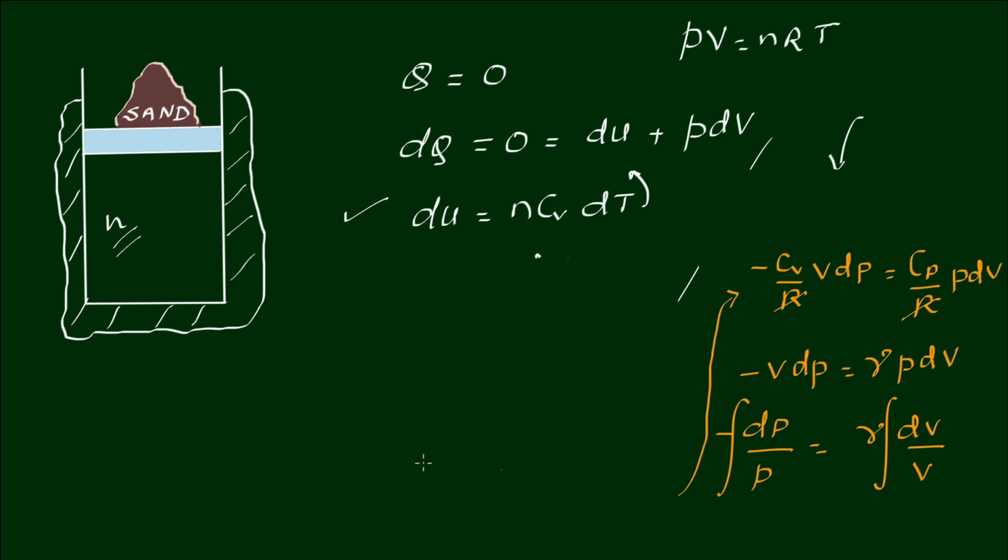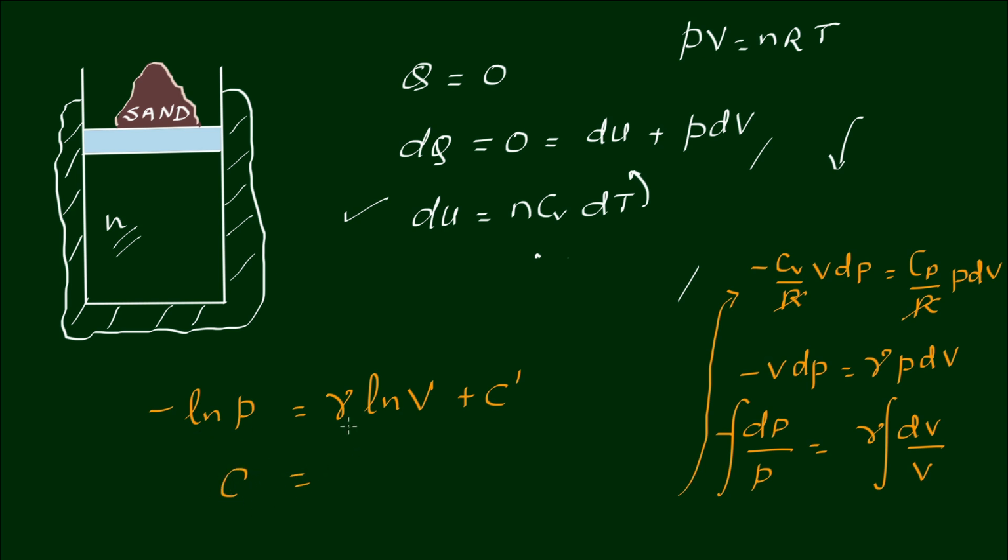So what is the left hand side? Minus natural log of P plus integration constant is equal to gamma times natural log of V plus integration constant. Let's bring both the integration constants together. We'll call it c prime. Right? Let me take c prime that side. I'll call it c.